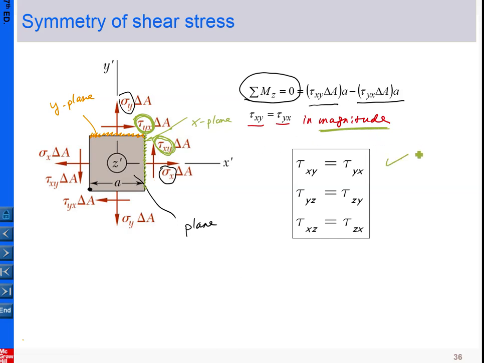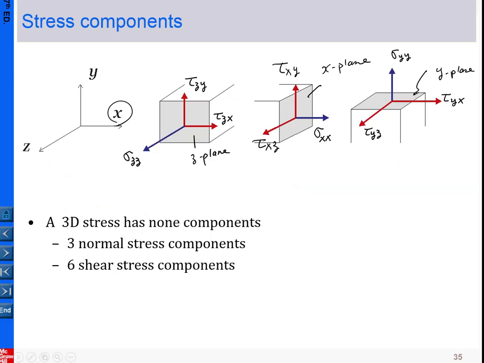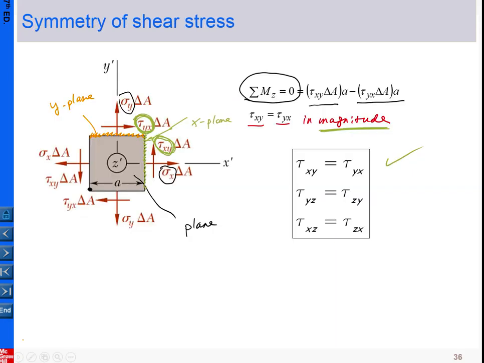Such relations will be very useful in our later calculations, and we're going to use this important relation again and again throughout this class, mechanics of materials. Again, this relation says that in magnitude they are equal.